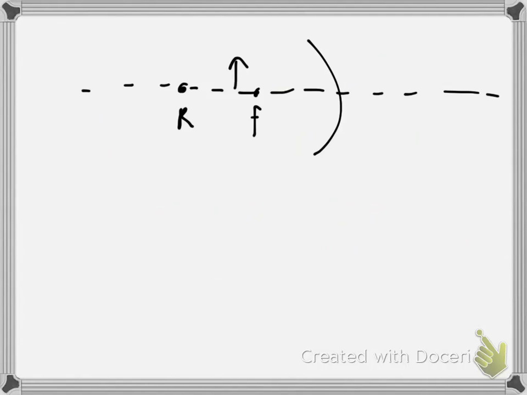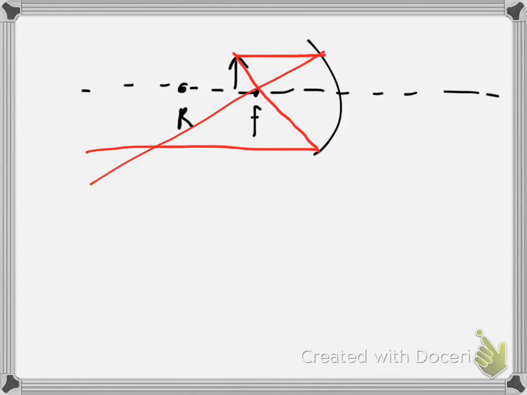Let's do a ray diagram for what that would look like. One ray comes in and goes through the focal point, and the other comes out straight. Wow, now we have an image that sits back here. What kind of image is it? It's a real image. It's definitely bigger, right? So maybe the closer you get to the focal point, you could fine-tune getting that image to be 4 times bigger, and you would be able to use a ruler to figure that out.